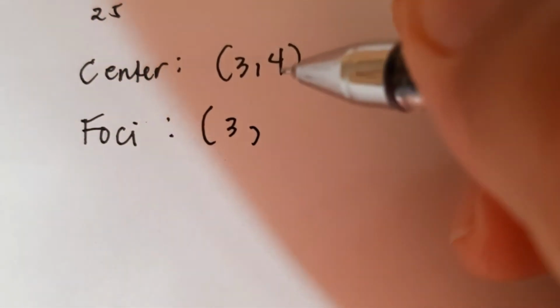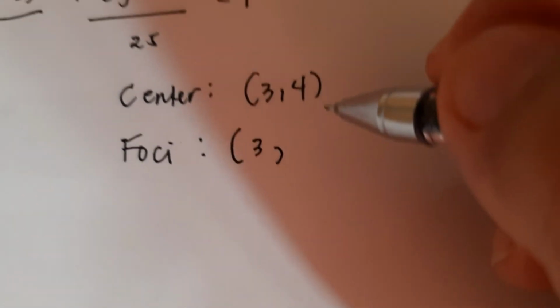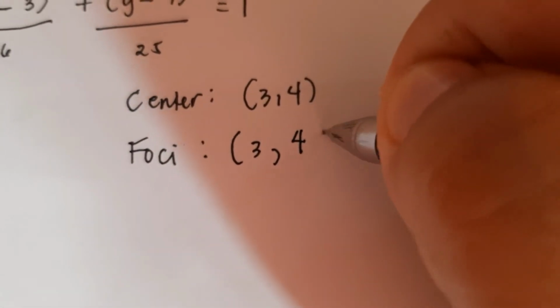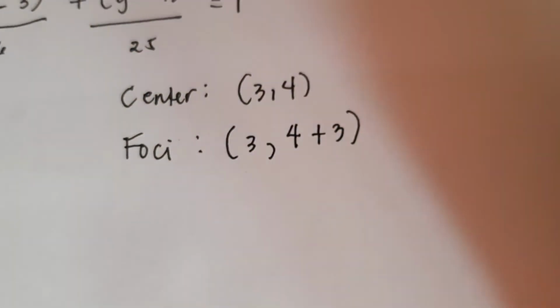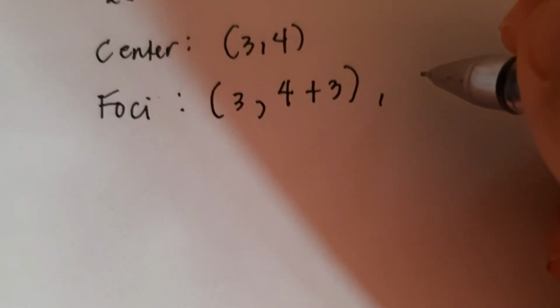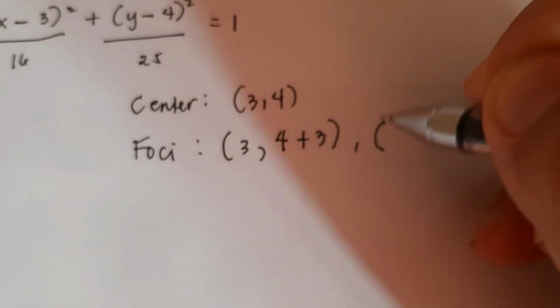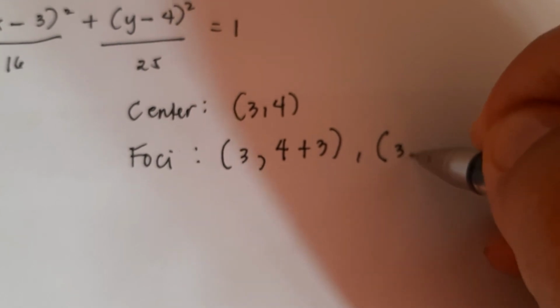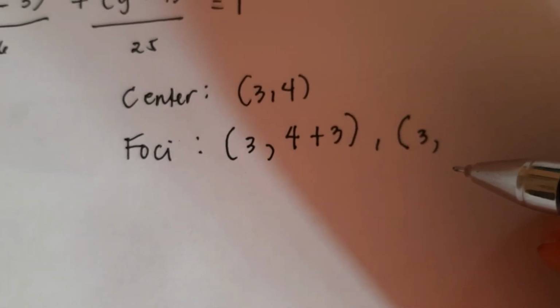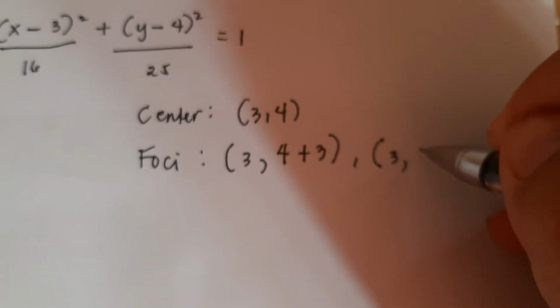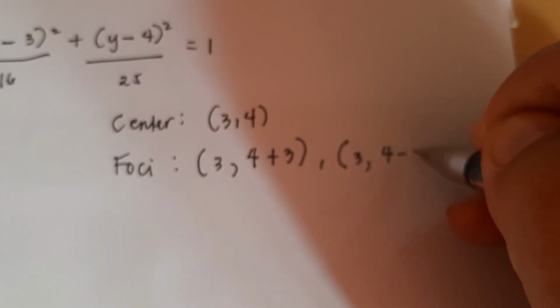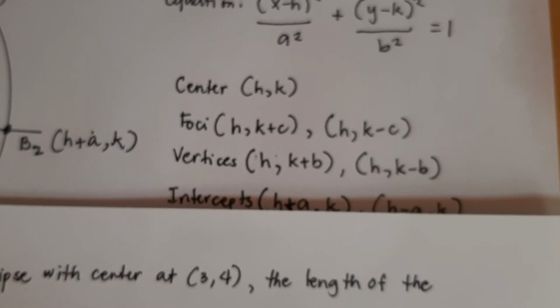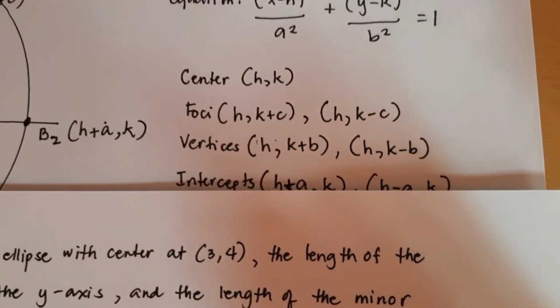So ang h mo ay 3, then k plus c, ang k natin ay 4 plus 3, and then h is 3, and then k minus c, 4 minus 3. And then, ang vertices natin ay (h, k plus a) and (h, k minus a).